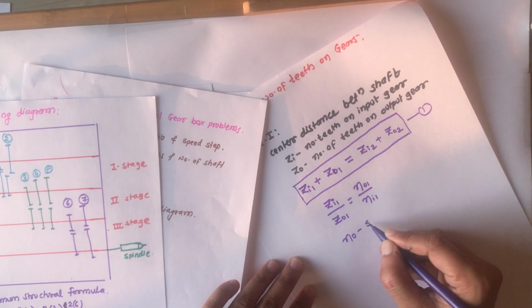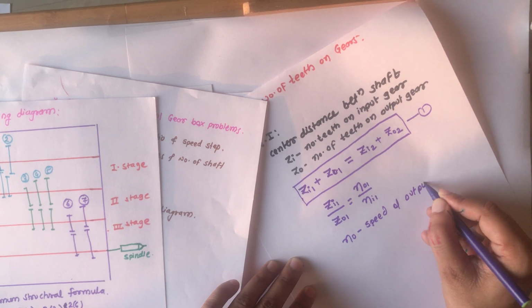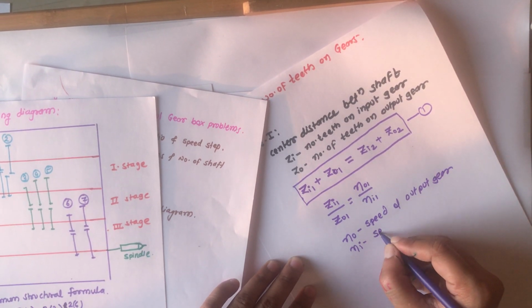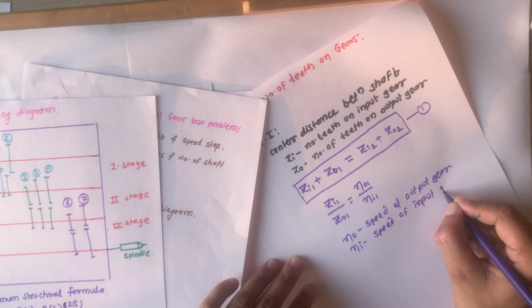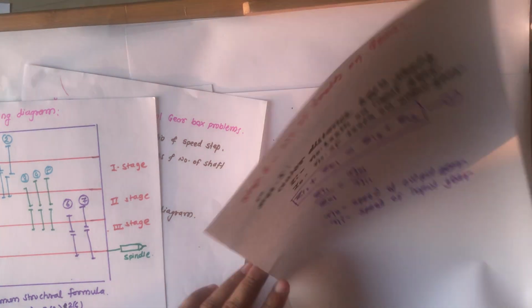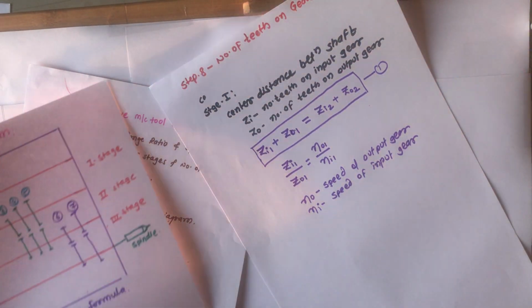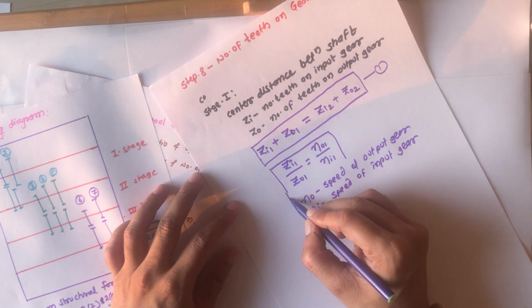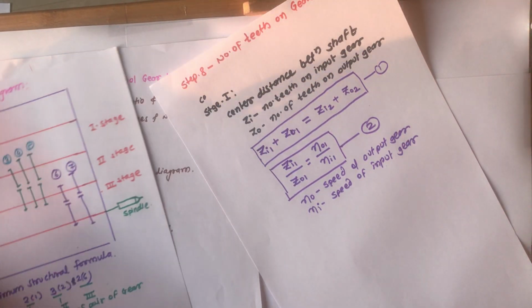NO is the speed of the output gear, and NI is the speed of the input gear, and 1 and 2 correspond to the gear number. So this is the other formula. Using these two formulae we will get the number of teeth.